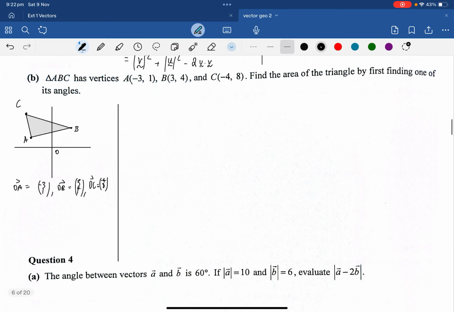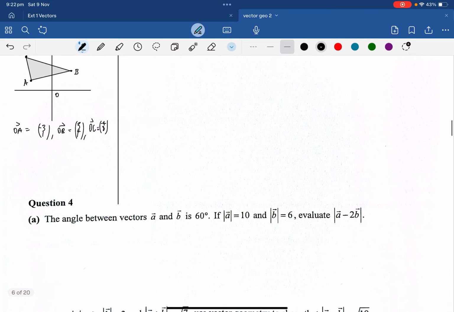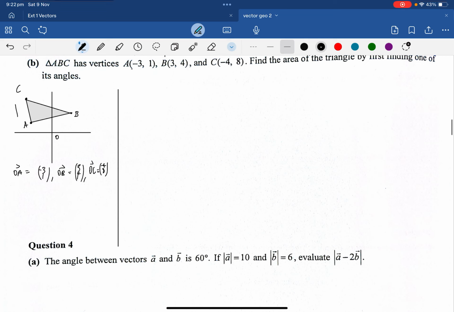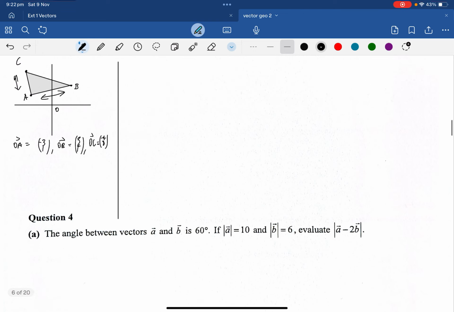Now we want to find these lengths. AC is equal to OC minus OA, and AB is equal to OB minus OA.